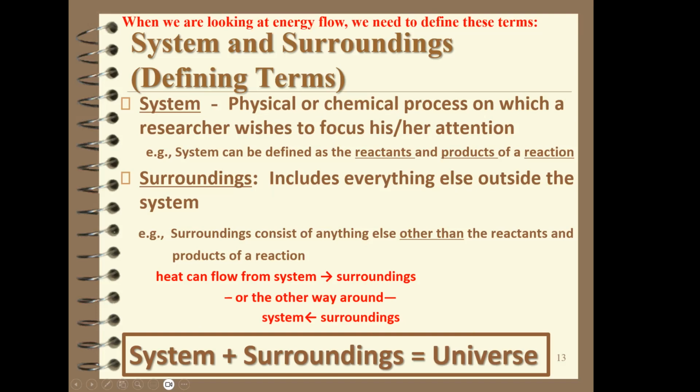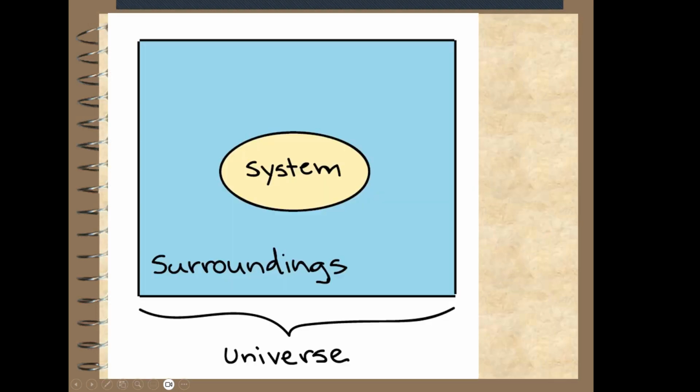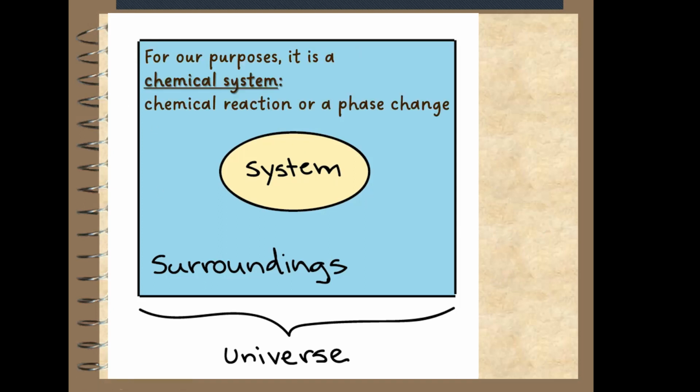And the system plus surroundings is the universe. And I gave you this picture here. So this is our chemical system that we're talking about, a chemical reaction, a phase change. And then around it is the surroundings. And the surroundings plus the system gives you the universe.